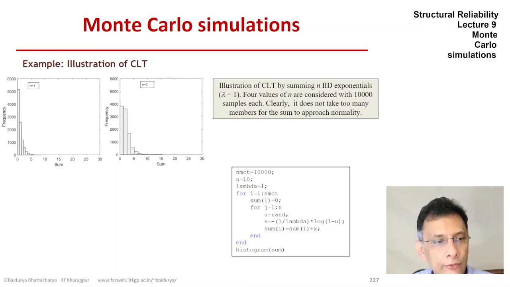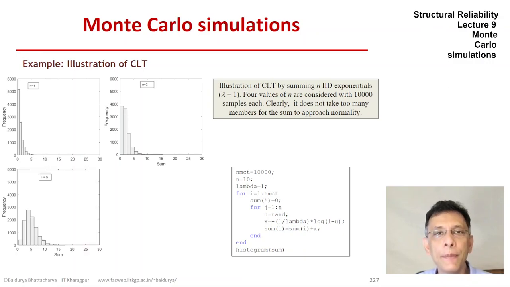Let's do that for 5. So we are summing 5, and importantly, all these 5 exponentials are IID. That's clear from the way that we are simulating this. Every time we simulate a rand, it's an independent sample from the uniform distribution.